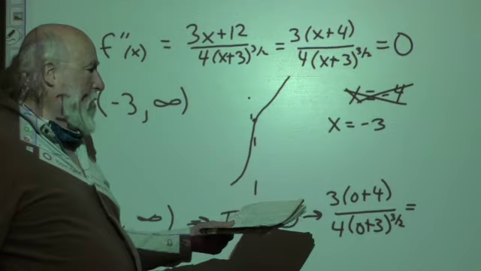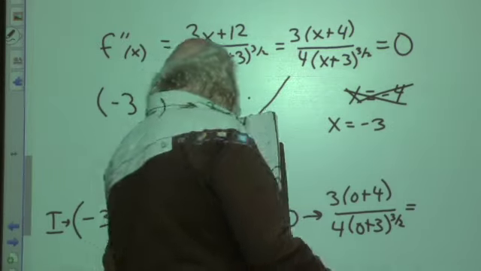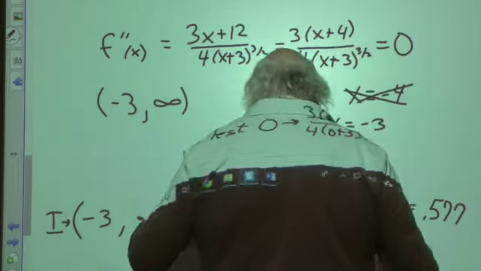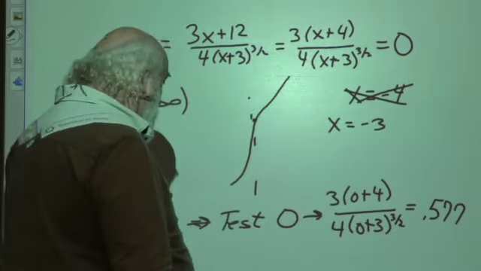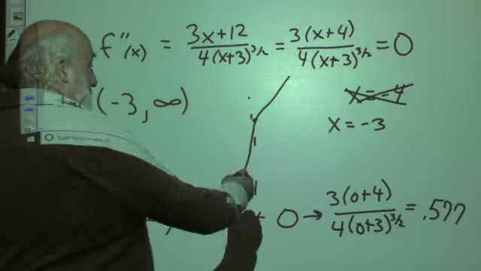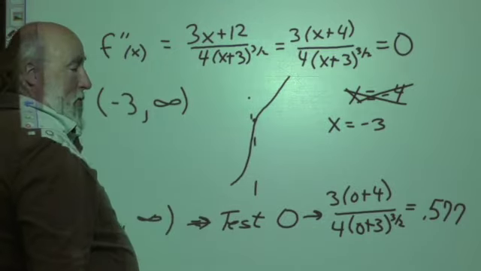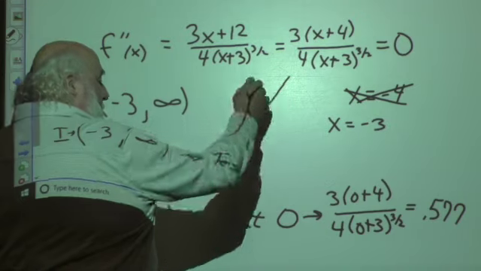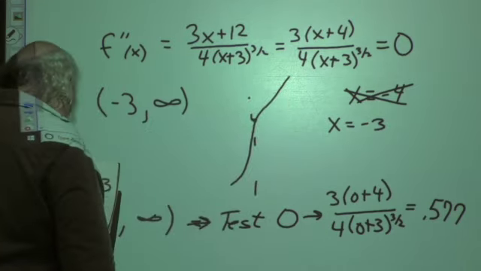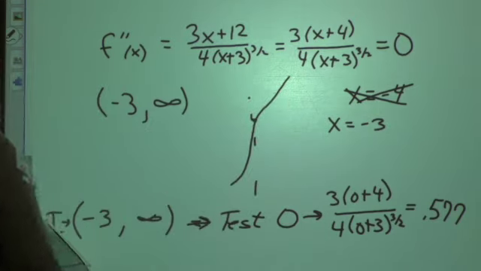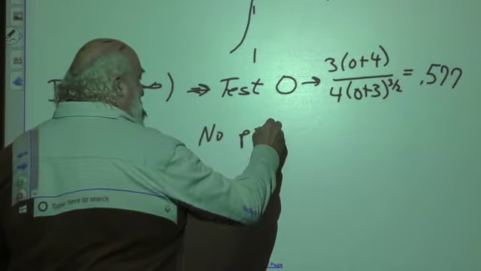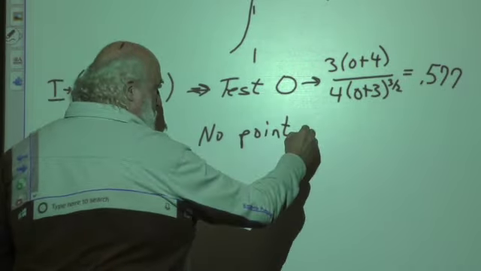When you punch that out in your calculator, you're going to get an answer of 0.577. Okay? So that means it's going to look something like that. And so this point right here is going to go from positive to positive. So technically, there is no point of inflection in terms of changing directions.